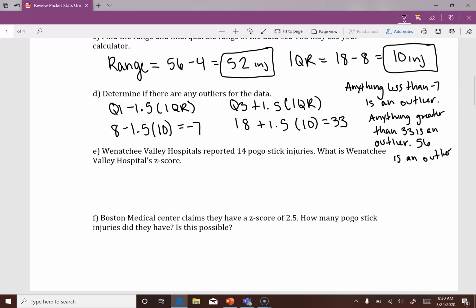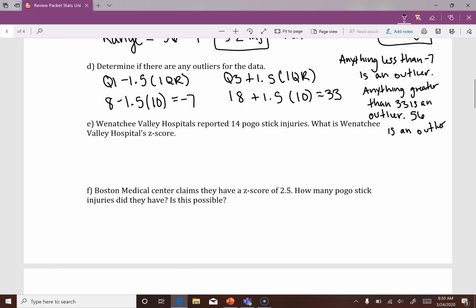Okay, moving on. All right, next question says, Wenatchee Valley Hospital records 14 pogo stick injuries. What is Wenatchee Valley Hospital's z-score? We need to remember that formula. That's z equals x minus x bar all over the standard deviation. We have all those values. We have 14 pogo stick injuries for Wenatchee Valley.